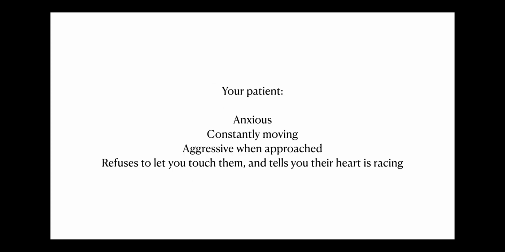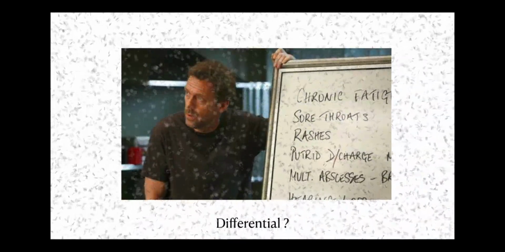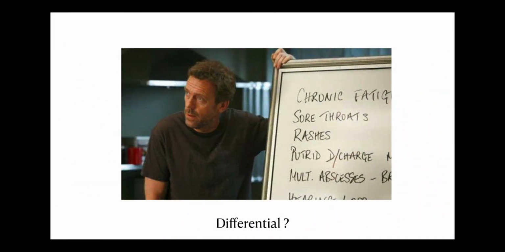So back to our patient that we're talking about. Your patient is going to be anxious, constantly moving, aggressive when you approach, and refuses to let you touch them, and tells you their heart is racing. So what would be some differentials?